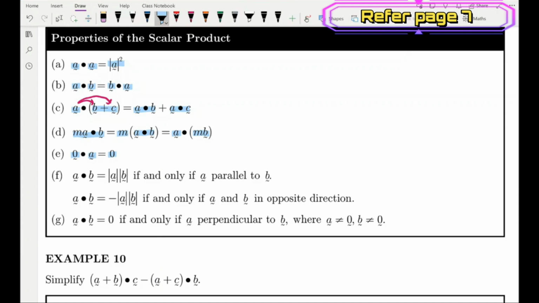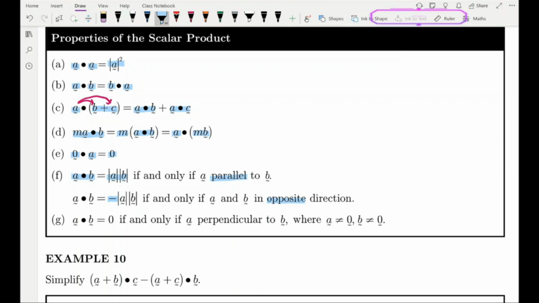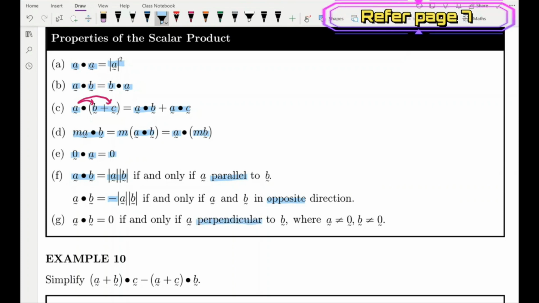Okay, this is another property, for parallel. Parallel means A dot B is equal to magnitude A times magnitude B, or it can be negative, which means the direction is opposite. Another one, we know that perpendicular means A dot B must be equal to 0.